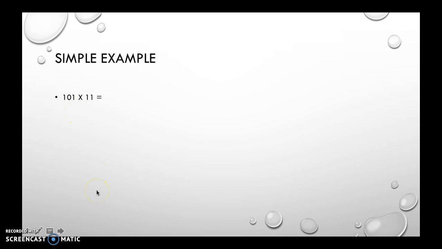So first, let's start with a simple example. We have 101 multiplied by 11. The first thing we need to do is multiply the 101 with the 1 here. So we get 101.